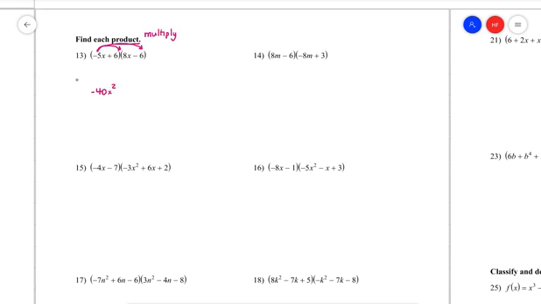Negative 5x times negative 6 is a positive 30x. 6 times 8x is a positive 48x. And 6 times negative 6 is negative 36. We'll combine like terms if we can, and I see these middle terms can combine. So negative 40x squared. 30 plus 48 is 78. So 78x, and then minus 36 stays the same.